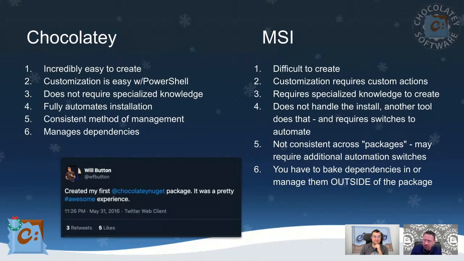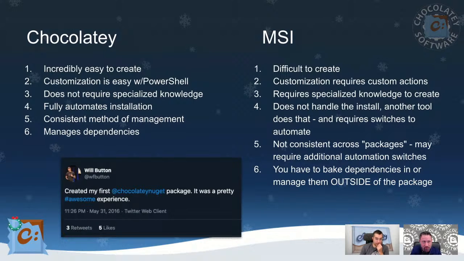Now, another really interesting thing here is Chocolatey manages dependencies, right? So these packages become building blocks that sit on top of each other. If you have a dependency on, say, the .NET framework, some version, you can simply take a dependency on that and have another package that does that. And what's great about that is another package can also take a dependency on that. Another package can take a dependency on that.